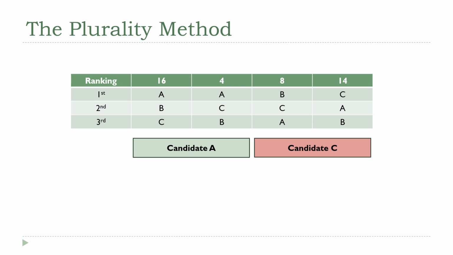So the bottom line here is that the plurality method does not satisfy Condorcet's criterion because, as we see here, it is possible to have a situation where the plurality winner isn't preferred over every other candidate.